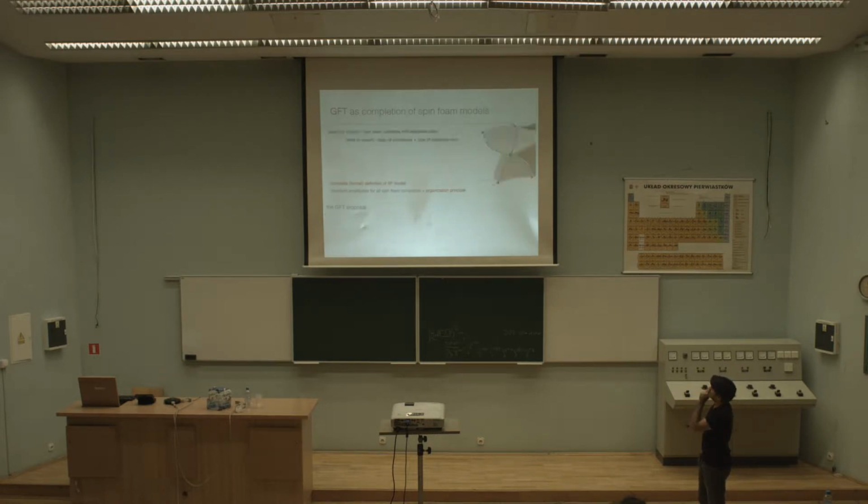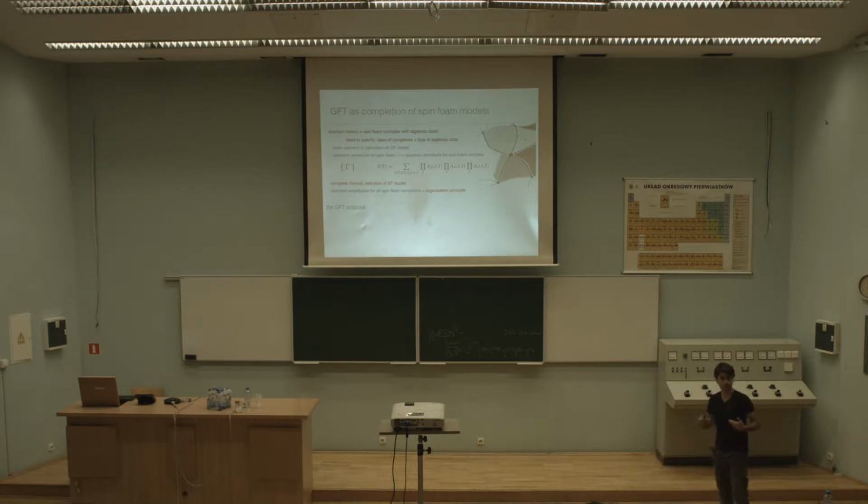Okay, and the other thing is that loop quantum gravity has a covariant version that has been developed in recent years. It's called spin foam models. And you can think of spin foams as histories of spin networks. So a spin network is a graph labeled by algebraic data. A history would be a two-complex labeled by the same algebraic data.